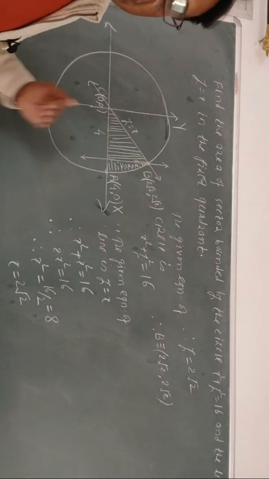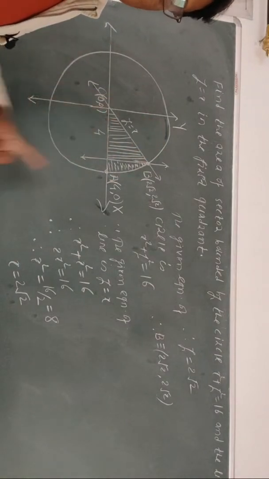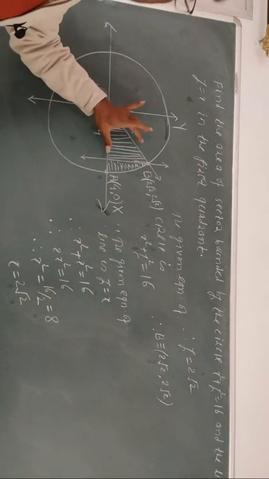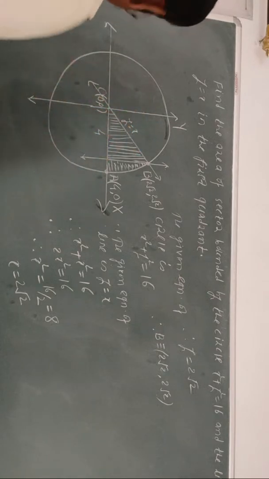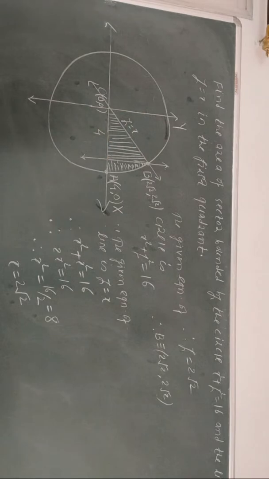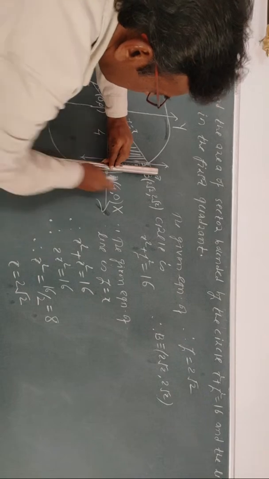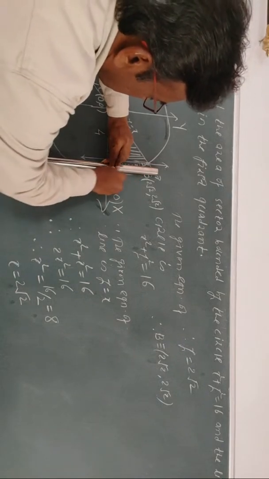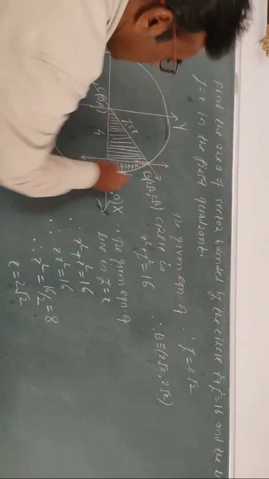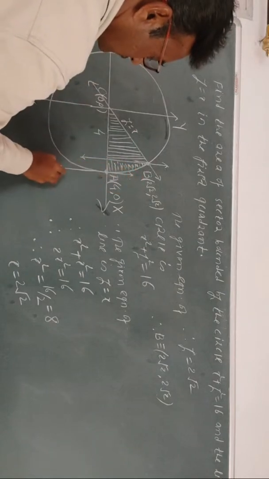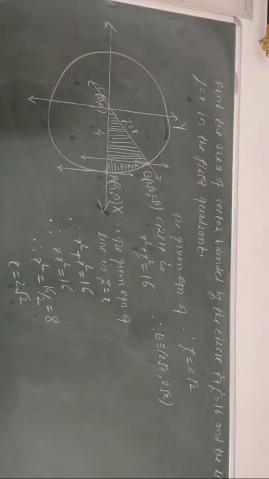We get the required area of the sector bounded by the line and the circle in the first quadrant. Next we draw the tangent to the circle passing through the point A.